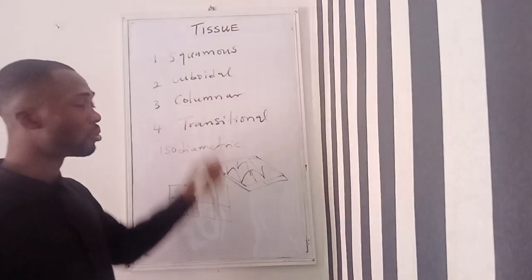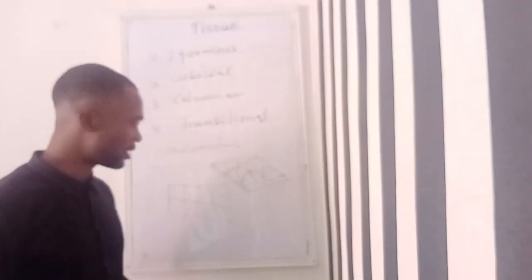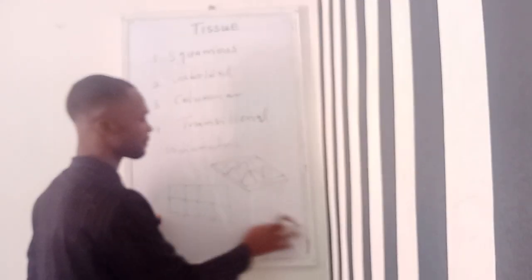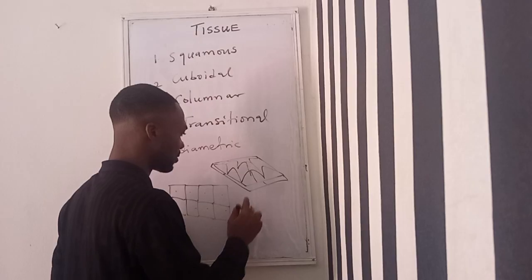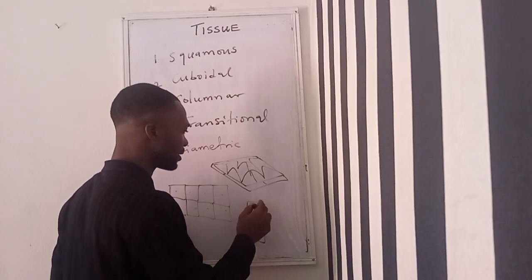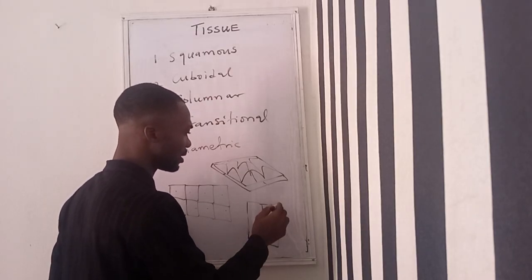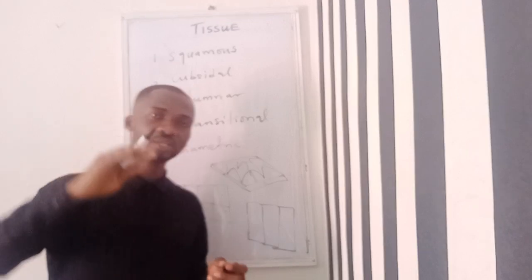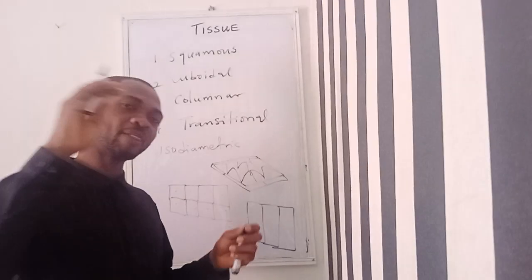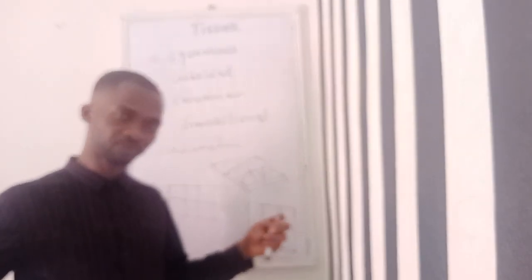Then the next one is columnar epithelia. In the case of columnar epithelia, we discover that the cells are longer than they are wide. Or let me say that their length is usually higher than their width.